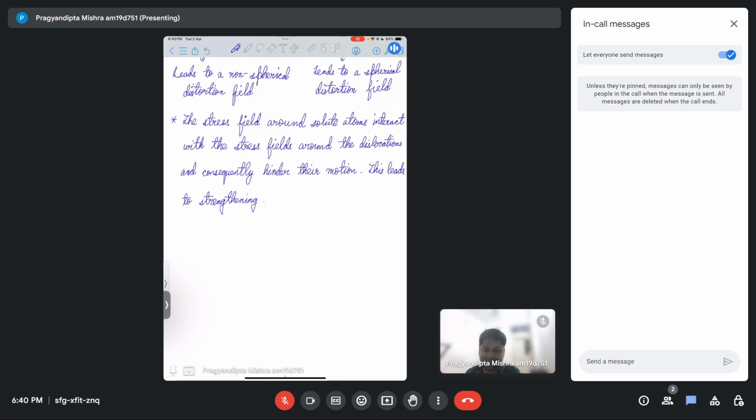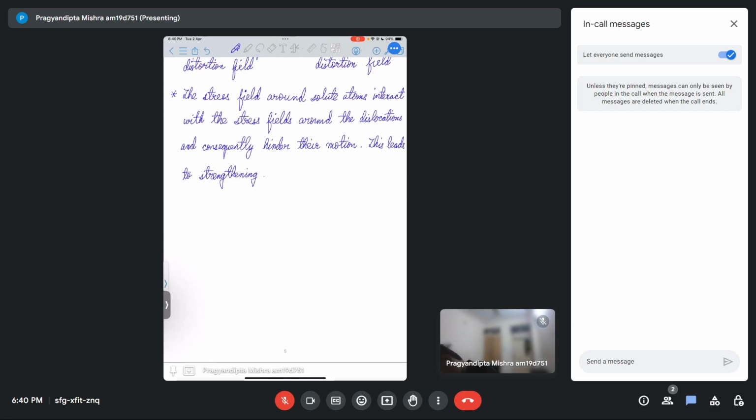Now that we have come to strengthening, let's understand what the factors are that affect this solid solution strengthening. Factors affecting solid solution strengthening.